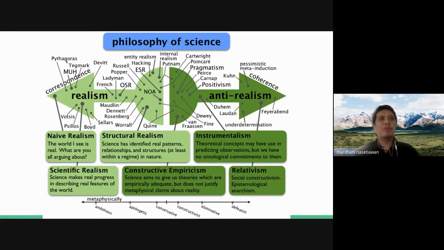We have Pythagoras, Tegmark, and then Bertrand Russell, entity realism, Hacking, internal realism, Cartwright, pragmatism, positivism, and so on.